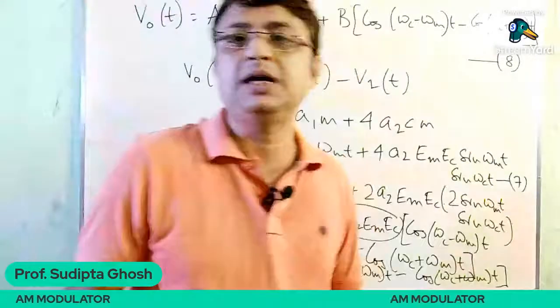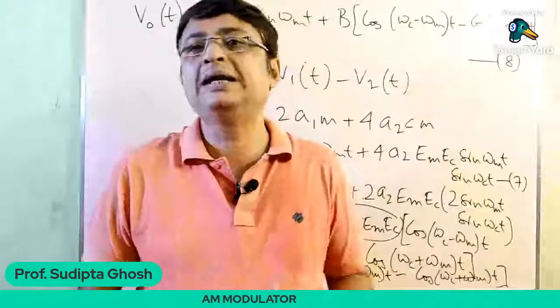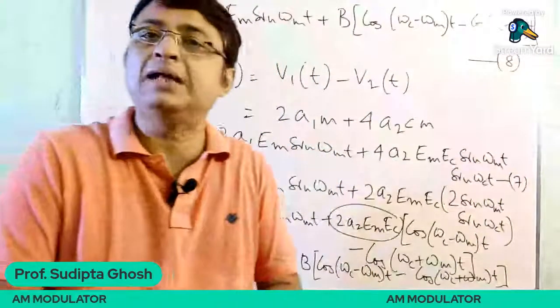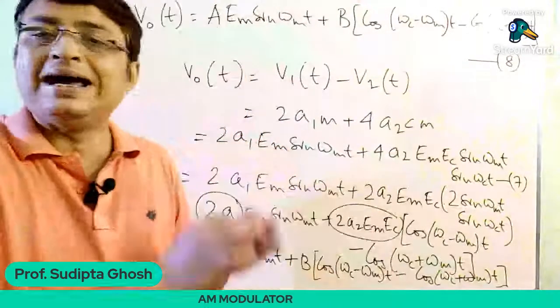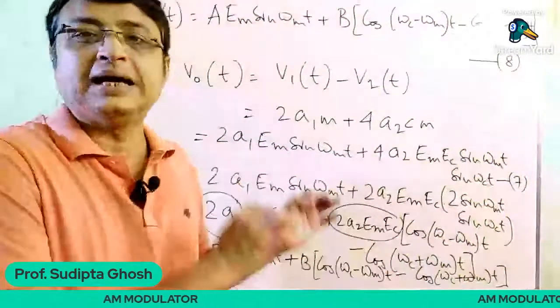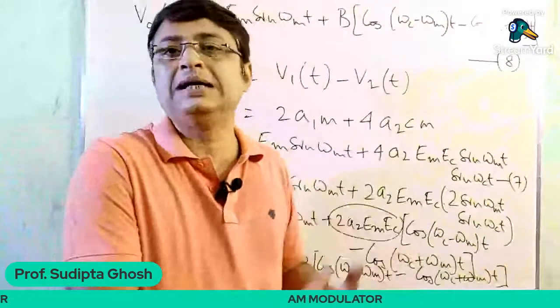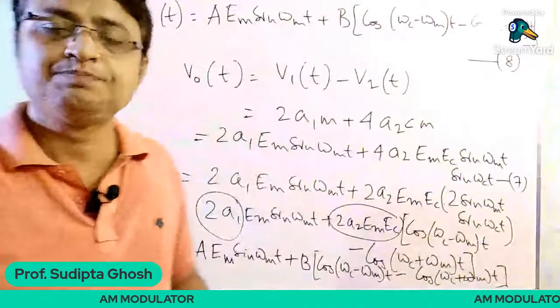Initially our target was to remove the carrier as a whole, and from this particular balanced modulator circuit, we can remove the carrier entirely. But that is due to the ideally symmetrical modulator circuits we have used.